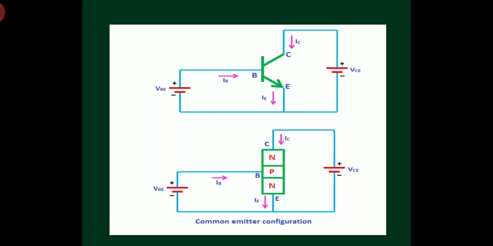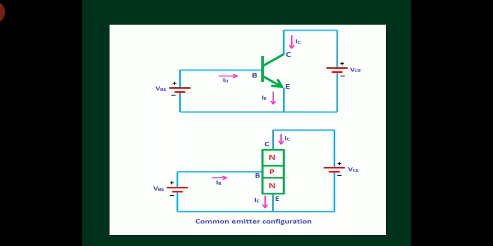In order to make the NPN transistor input junction forward biased, what I have to do is give the positive terminal of battery VBE to the base region and the negative terminal of the battery to the emitter region. As it is an NPN transistor, the p-type base is connected to the positive of voltage source VBE, and the negative terminal of VBE is connected to the n-type region, which is the emitter region.